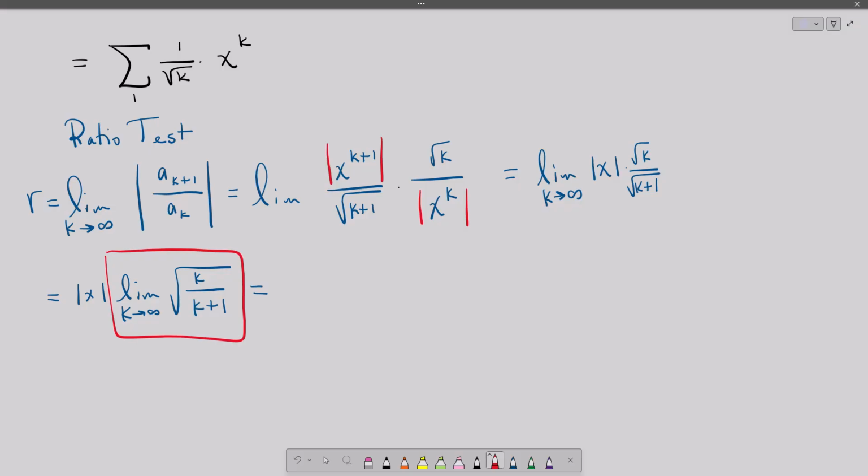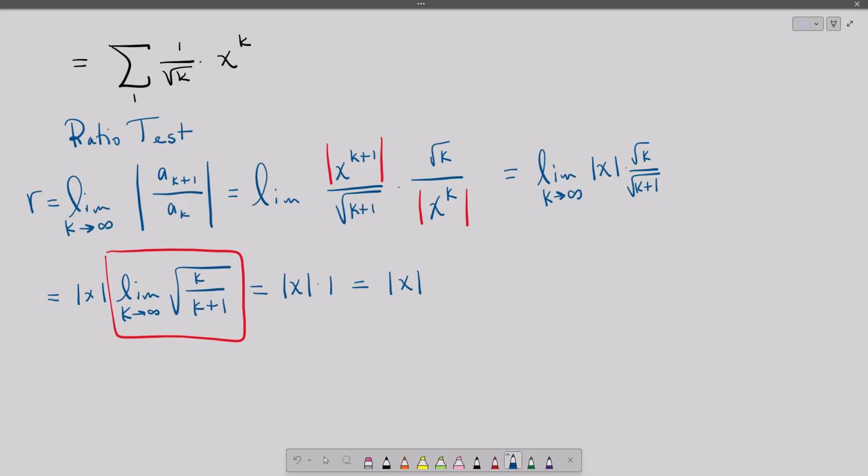If the limit can push inside, and we have k over k plus 1. Lots of ways to think about it. Divide everything by k. Highest powers are matching, so you take the coefficients. Whatever your method is. So this absolute value of x stays, and then this limit is 1. So we end up with the absolute value of x. That is the limit of the ratio of consecutive terms.